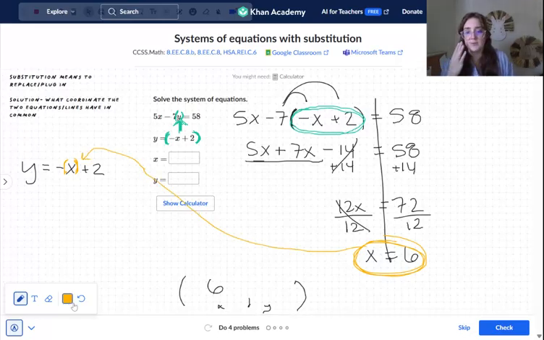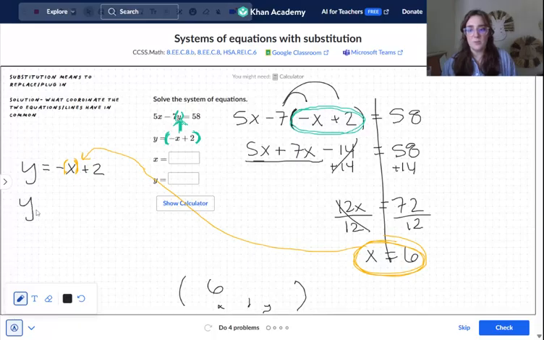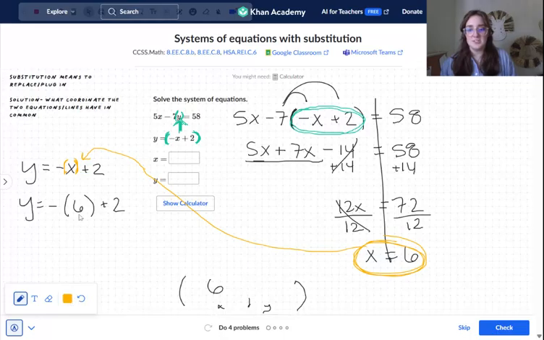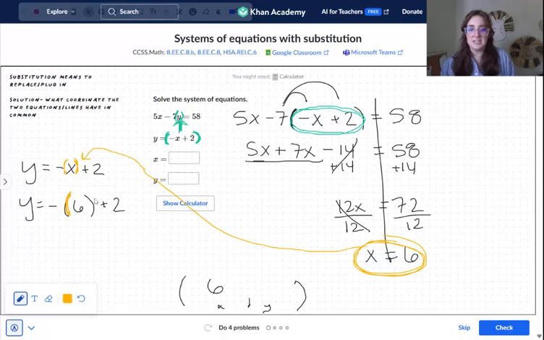We'll rewrite this and show how that looks now. y equals negative, parenthesis, 6, plus 2. I know some of us are like, even then we have to include the parentheses? Yes, we want to get in the habit of always showing parentheses when we're plugging something in, especially a binomial like this, because it reminds us that we have to distribute.